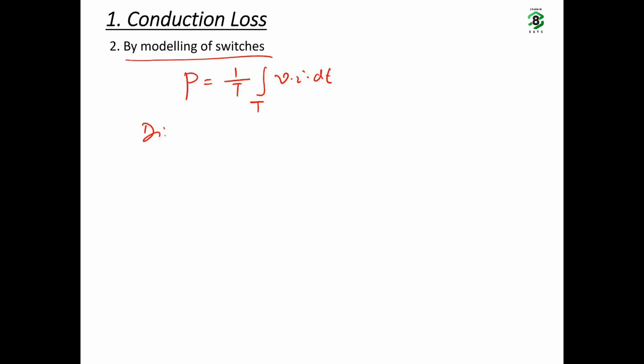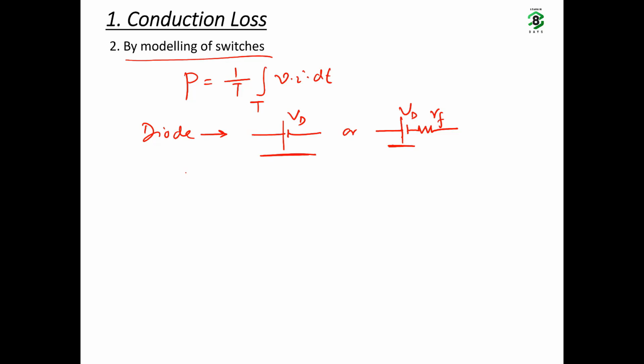If you consider a diode, then the equivalent circuit representation of the diode can be a voltage source, or a voltage source in series with a resistance. If resistance is given, then we will consider the value of resistance. If resistance is not given, then we will only consider this voltage Vd. Okay, so if a diode is given in the question, then the on-state voltage across the diode is fixed, constant.